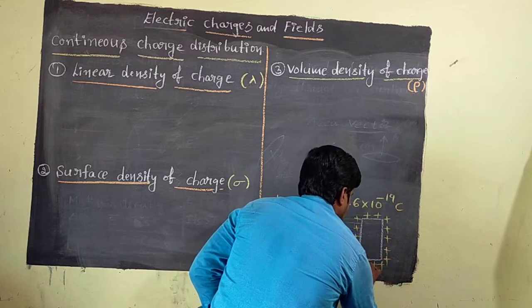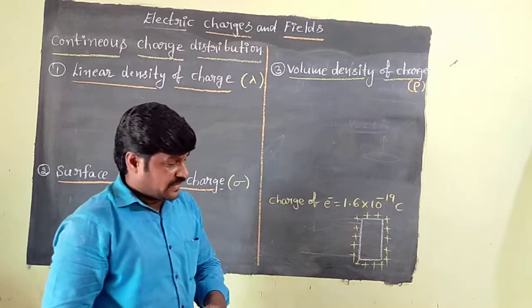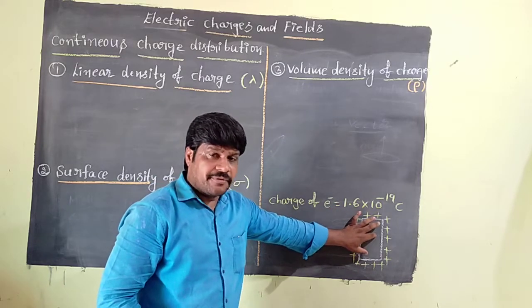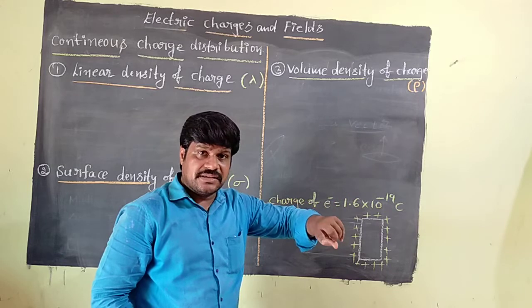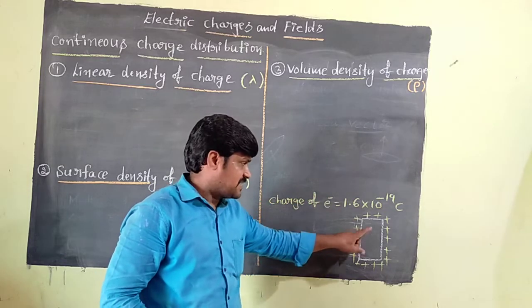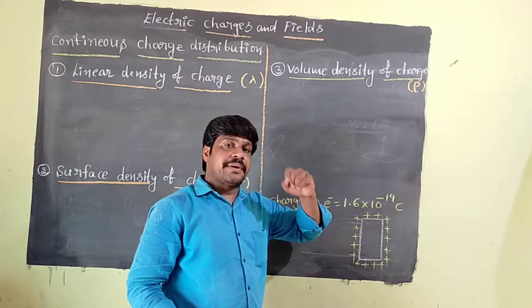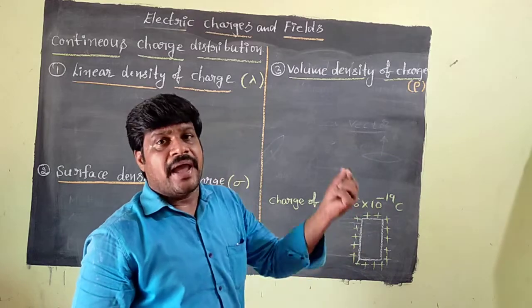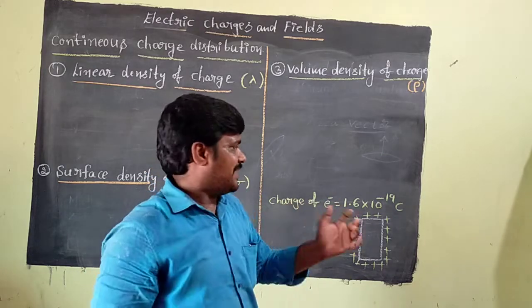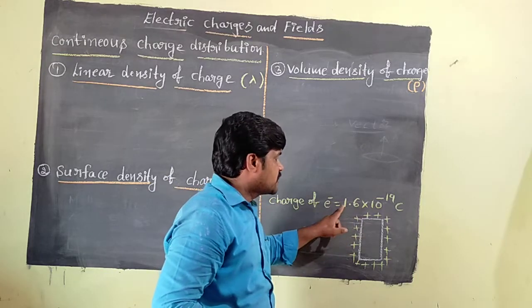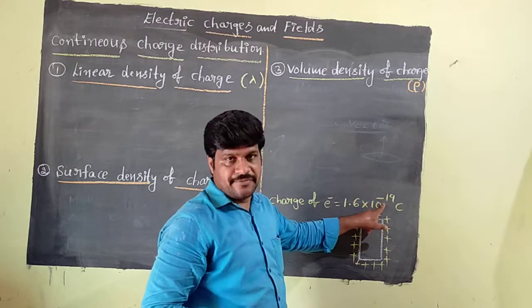If you add some electrons to this body or remove some electrons from it, that is ignored in this case. Why? Because the charge of an electron is very small.